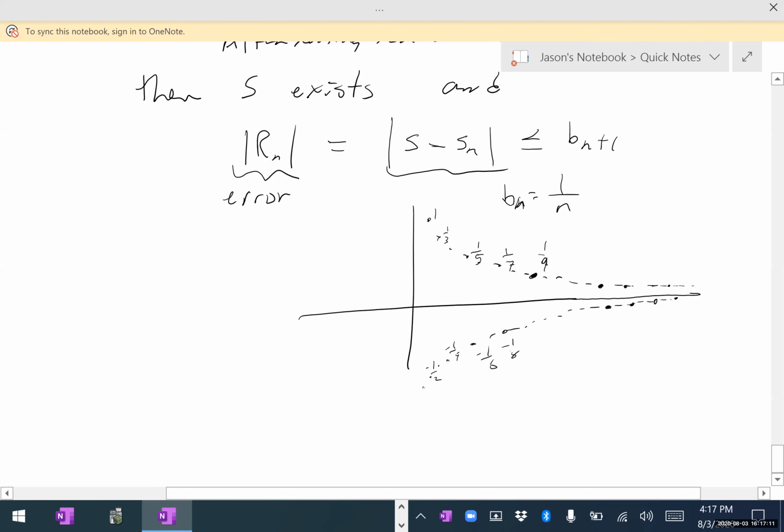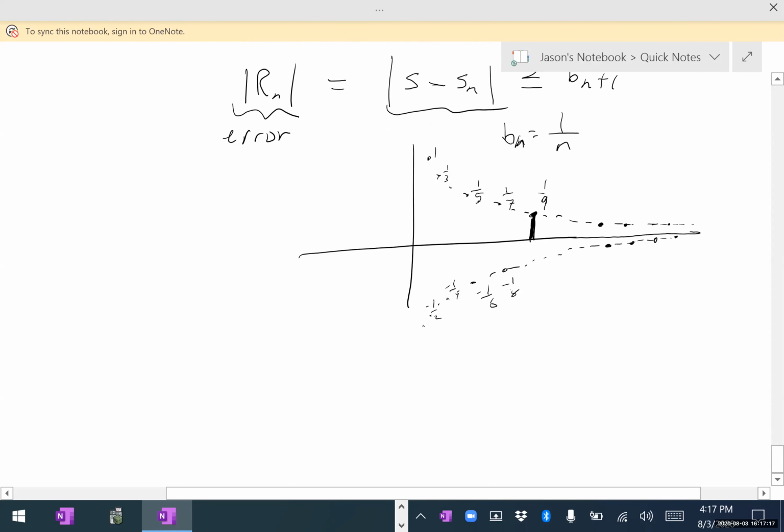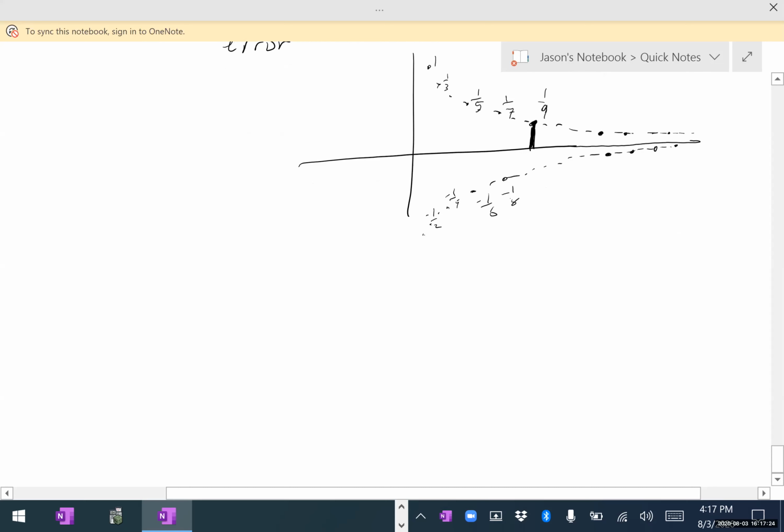Here's the deal. Let's think about this. Let's look at the partial sums real quick.